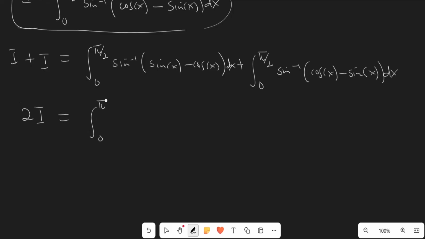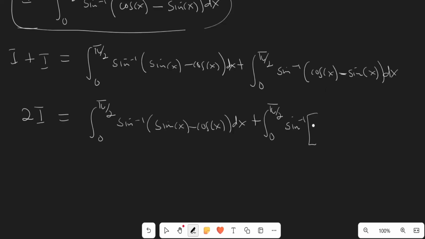I'm going to leave this one for now, which is the integral of sine inverse of sine of x minus cosine of x, all this dx, plus the integral from 0 to pi over 2 of sine inverse. I can factorize negative 1 out of here.